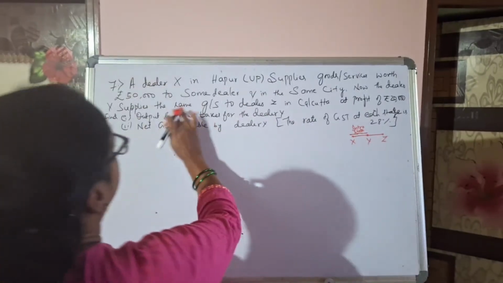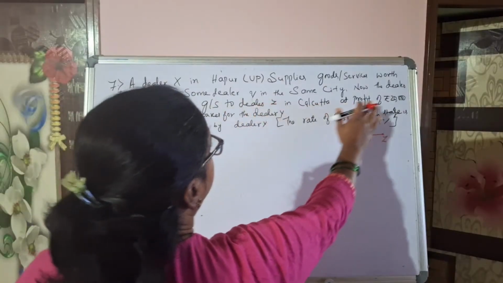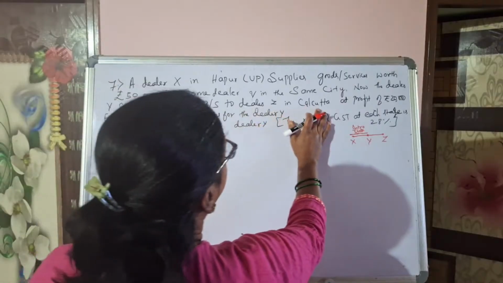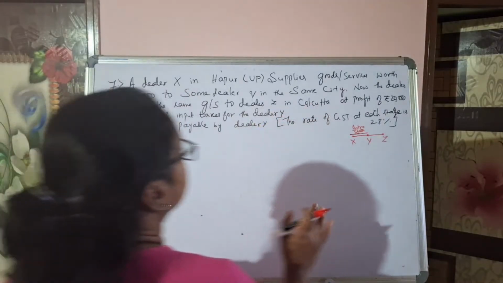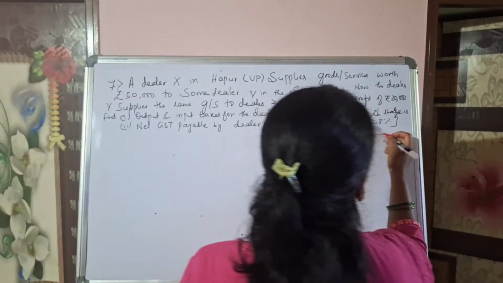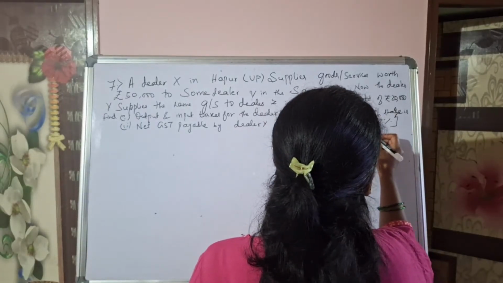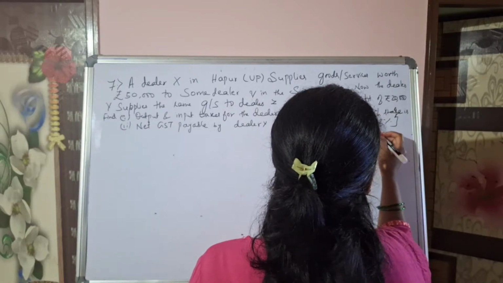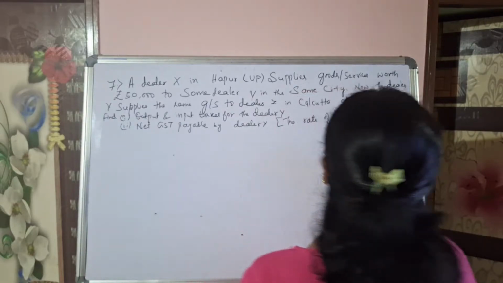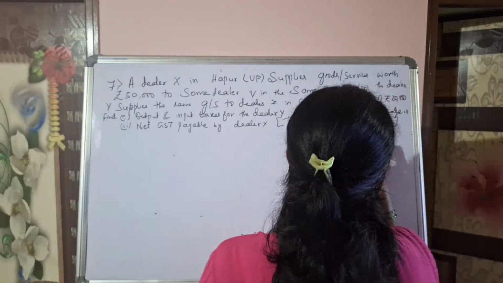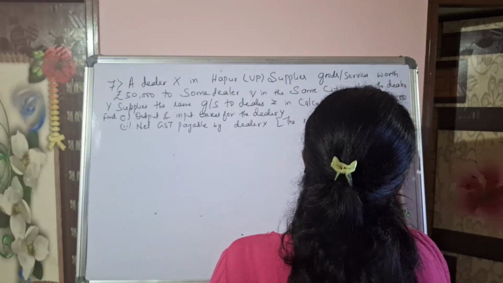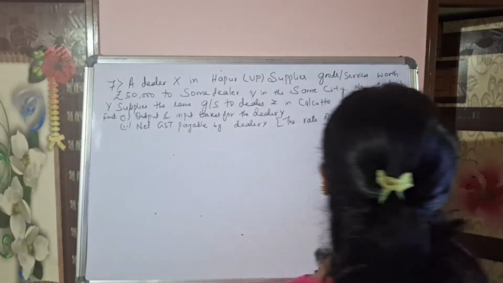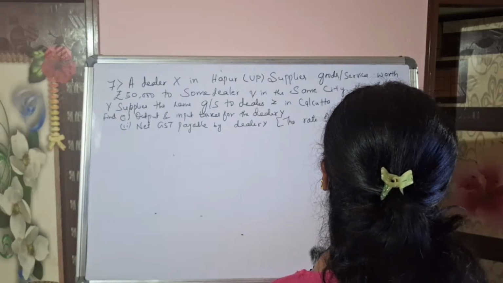Now Y sells the same goods and services to a dealer Z in Calcutta. This is from UP to Calcutta, then the transaction is interstate.